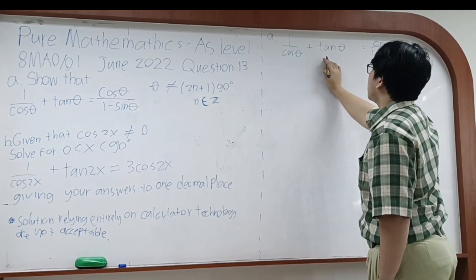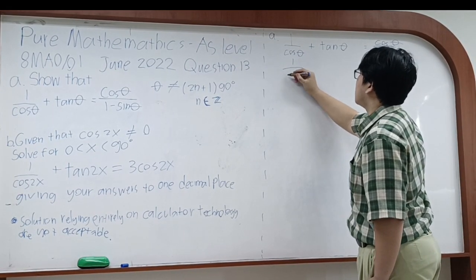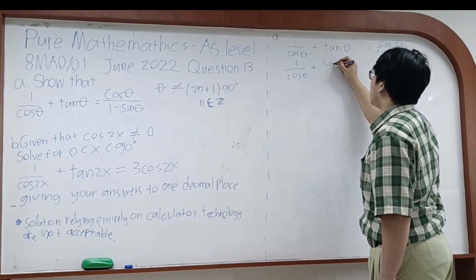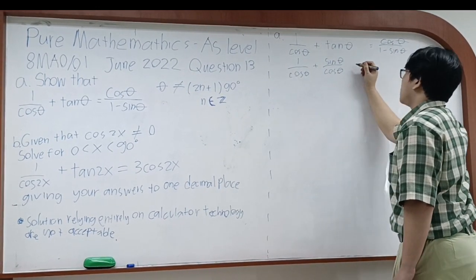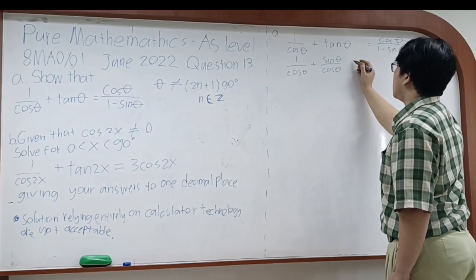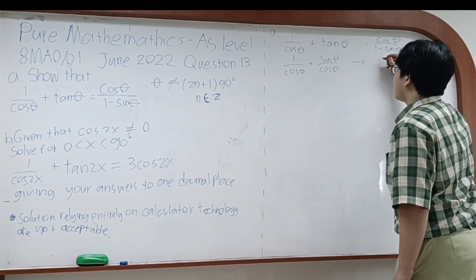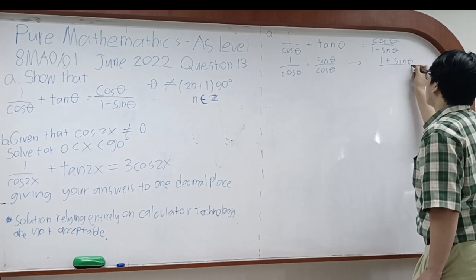Here we'll just expand the tan theta, where it's going to become 1 over cos theta plus sin theta over cos theta. Now we can add this on the left hand side to become 1 plus sin theta over cos theta.